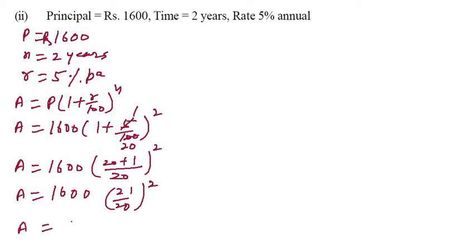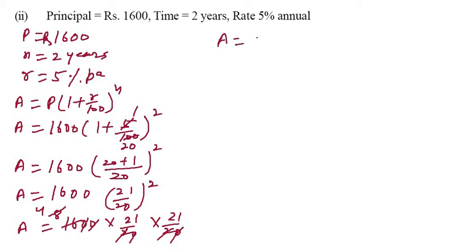So amount will be equal to 1600 into 21 upon 20 into 21 upon 20. 00 will be cancelled with this 00. So 2 1s are 2, 2 8s are 16. Once again 2 1s are 2 and 2 4s are 8. So amount will be equal to 4 into 21 into 21. So you can multiply this one.